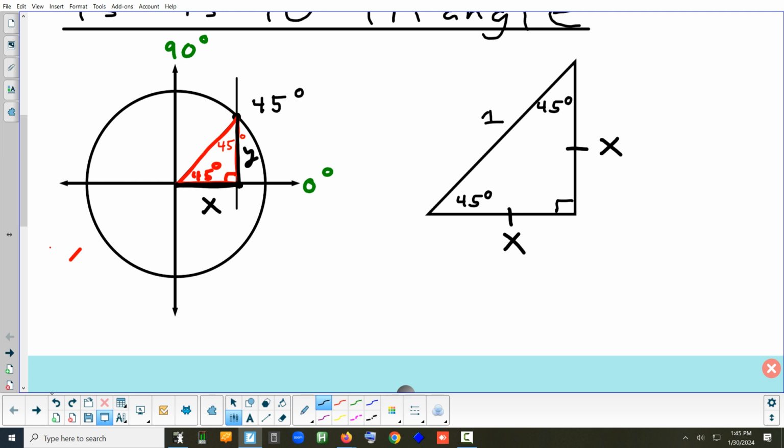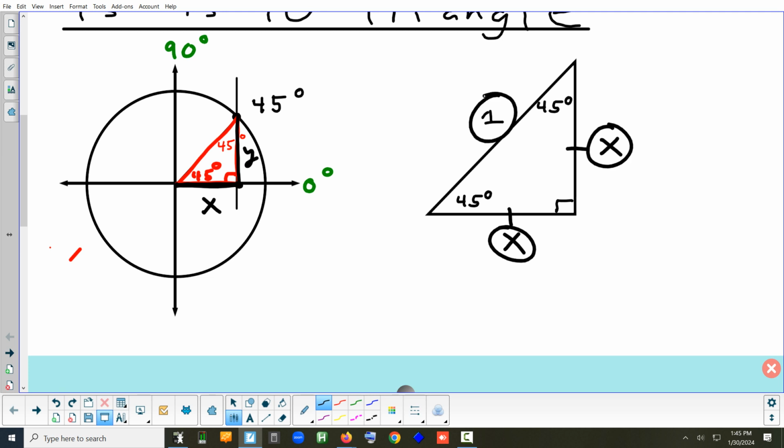There's a theorem you can use in a right triangle that connects all the sides in a way that you can figure them out. Does anybody know the theorem? The Pythagorean theorem. So we can use the Pythagorean theorem, and we can solve for x. Does anyone think they could set up the Pythagorean theorem for me with those 3 things I just circled?